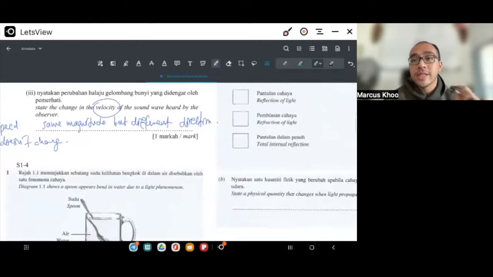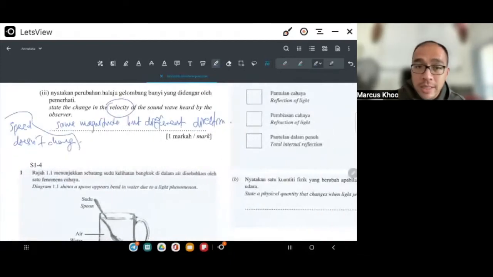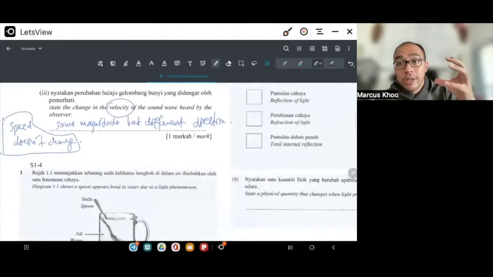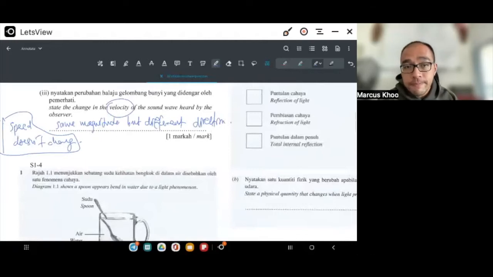Since the question is asking velocity, I'm going to give the answer in terms of velocity. In reflection, remember, the speed remains unchanged. But since this question is asking velocity, we say it is the same magnitude, nilainya sama, cuma arahnya berlainan. The direction is different. Okay, all right, next.